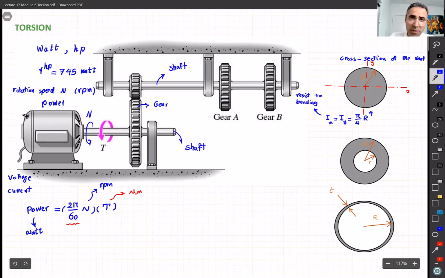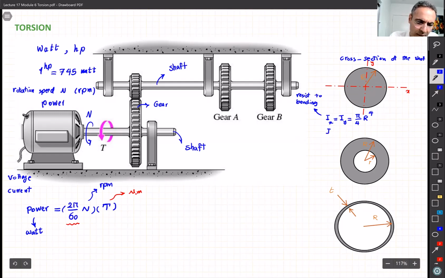And we learned that the bigger this number is, the stronger a part is when we try to bend it. Now, when it comes to twisting, we introduce something else, which we call I about Z. And the Z axis here is an axis which comes out of your screen, out of the plane, which we cannot show here because we are showing it in 2D.